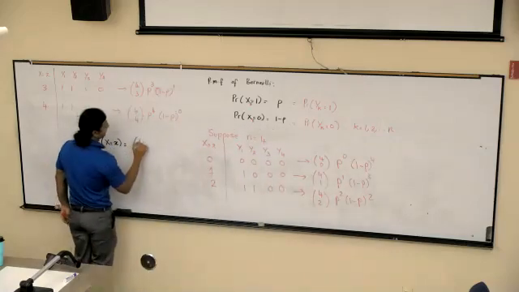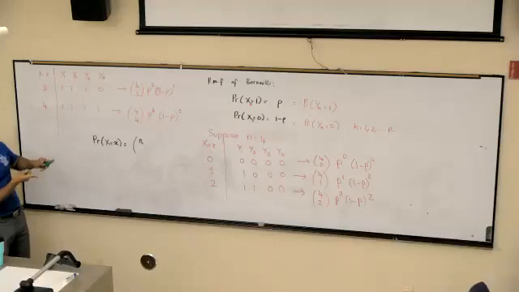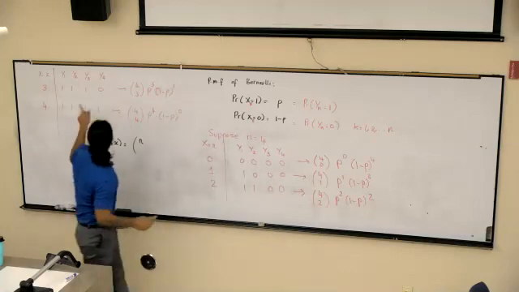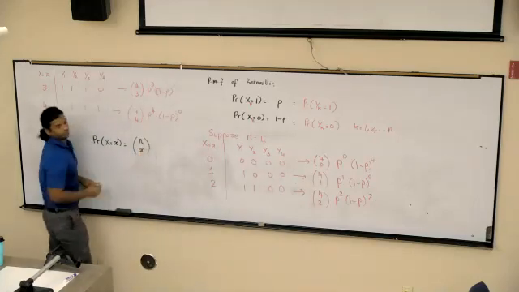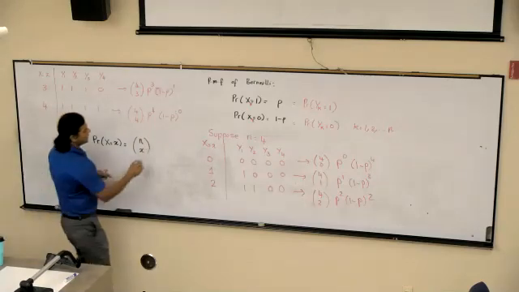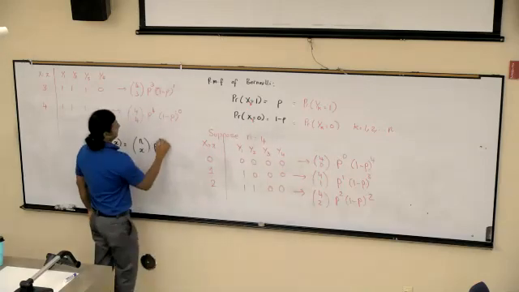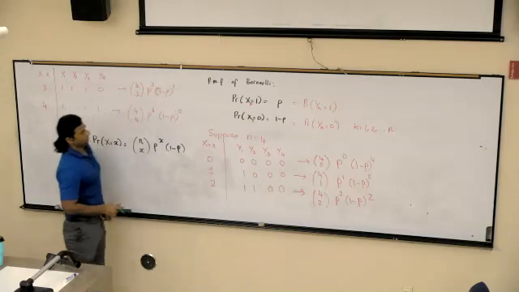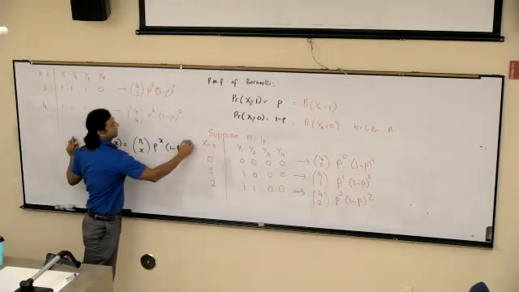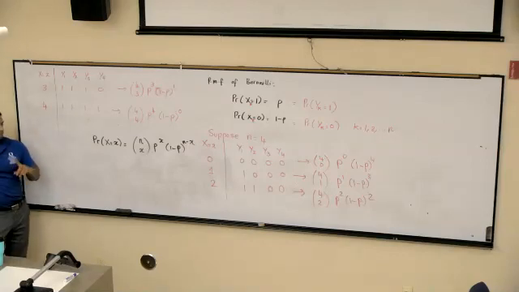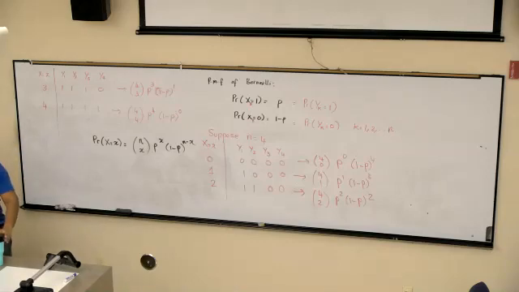So n choose x, where x is 0, 1, 2, 3, and 4, then p raised to x, corresponding to the value of X. And 1 minus p raised to n minus x. Good. So the sum of IID Bernoulli random variables is a binomial random variable. Does that make sense?